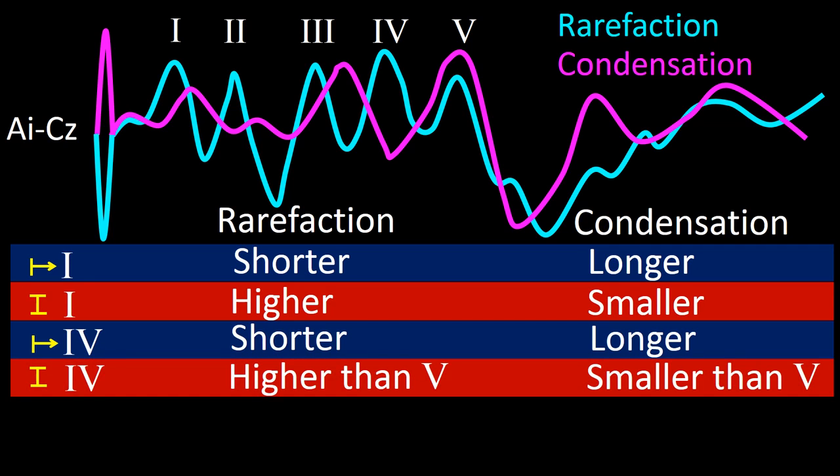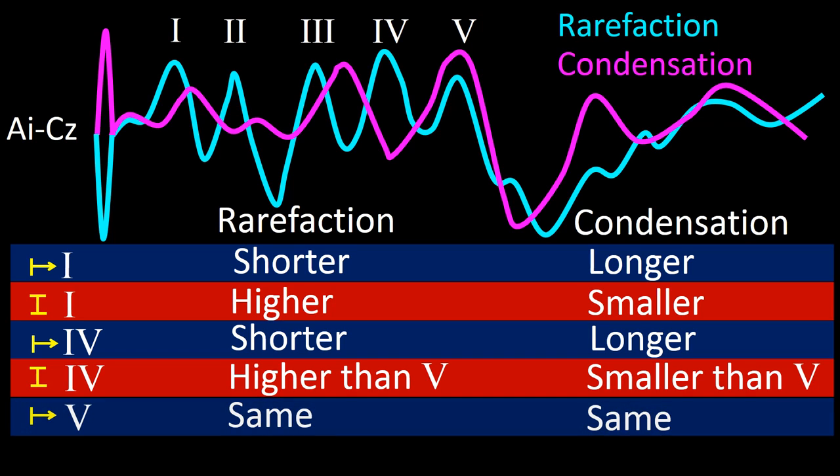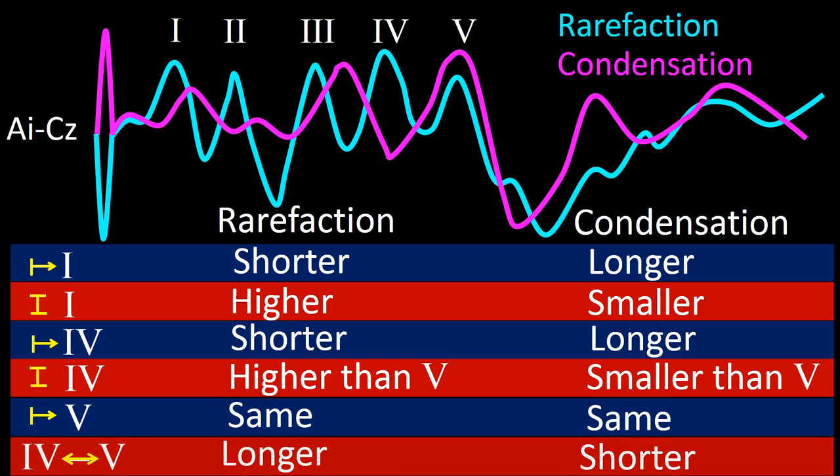The amplitude of 4 is increased in relation to wave 5 by rarefaction. The latency to 5 does not change with either rarefaction or condensation. Hence, the 4 to 5 interpeak increases with rarefaction.